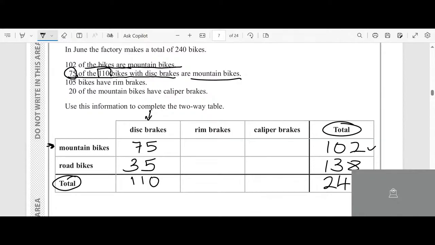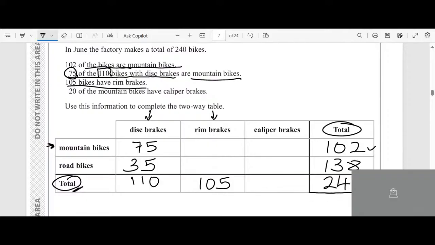The next one, 105 bikes have rim brakes. So the rim brakes total, all of them, the total of the rim bikes are 105. But also remember, if you add the summation of the totals at the bottom, it's supposed to give you 240.